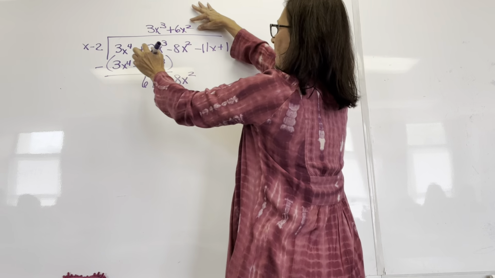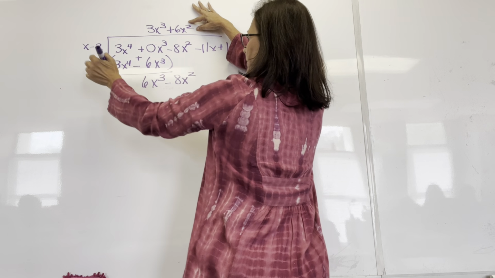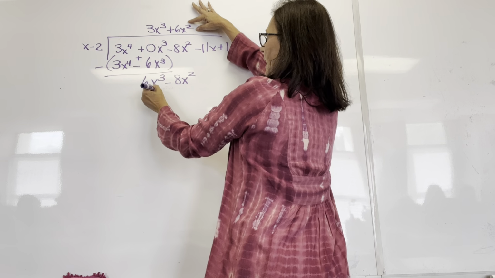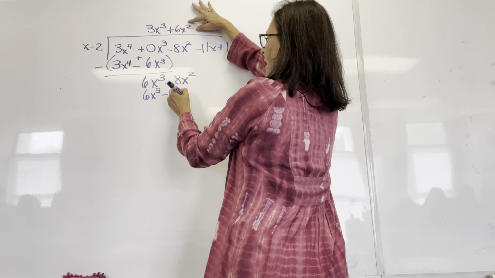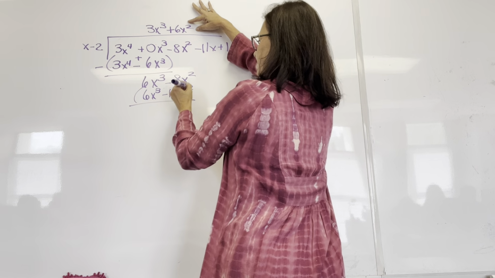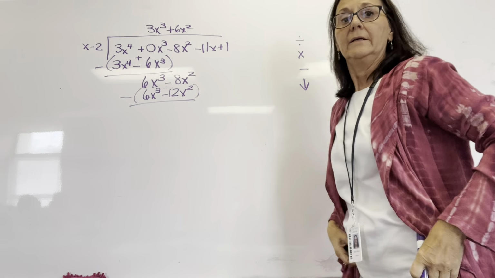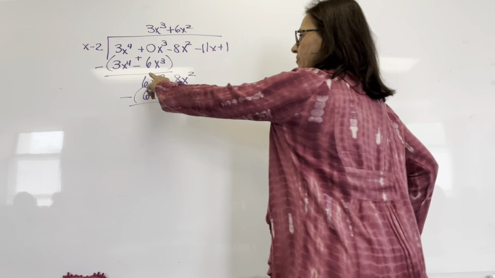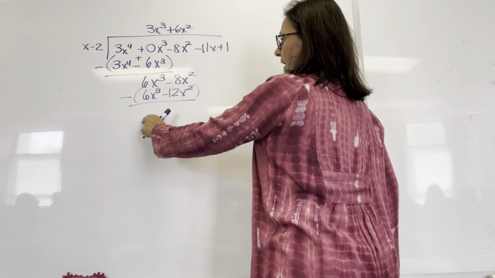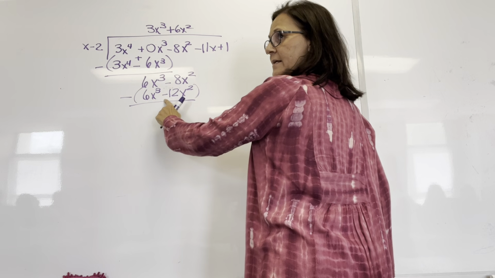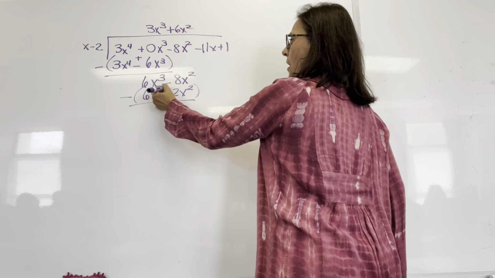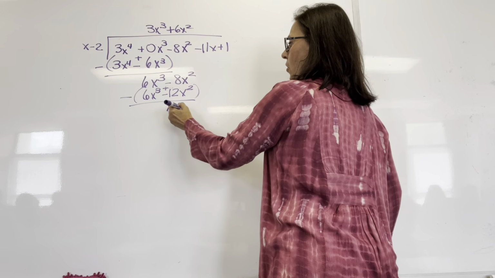That's what I'm distributing to both the x and the negative 2. And I get 6x cubed minus 12x squared. I subtract. The first term always eliminates. This is negative 8 minus a negative, which is positive, and I end up with 4x squared.